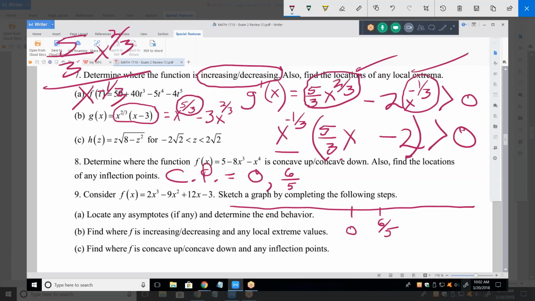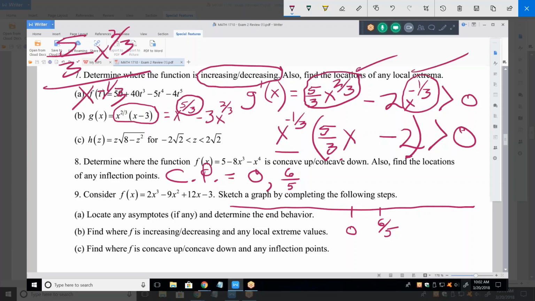So, next step. Now you just take numbers that are less than 0, between 0 and 6/5, and after 6/5. Okay, let's start with left of 0. Always go left to right. So just -1.